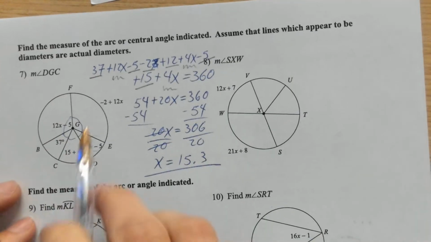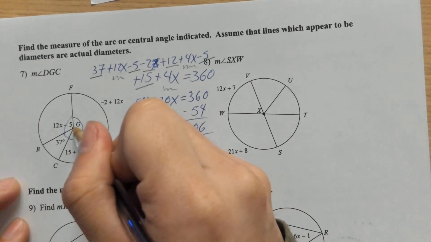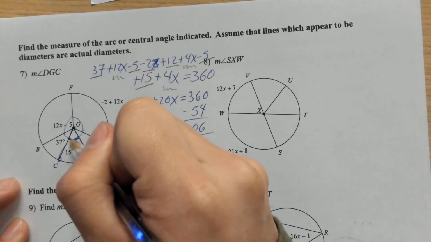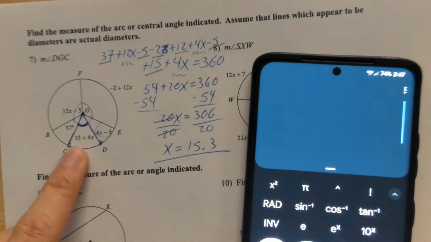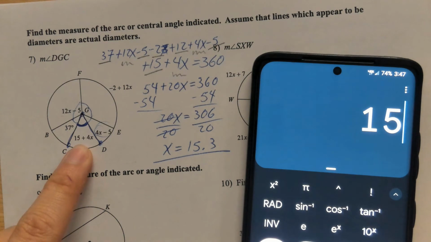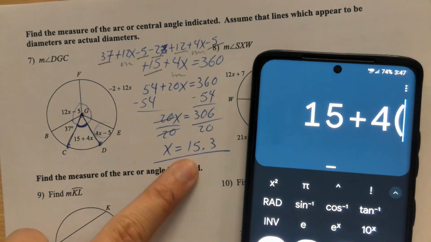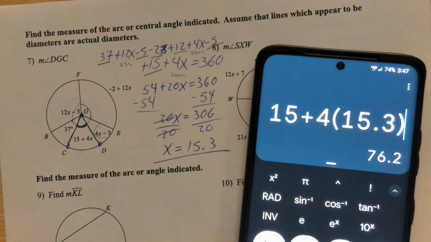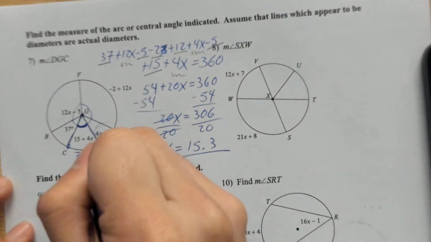You are being asked to find the measurement of angle DGC. So we're looking for this angle. Well, we already know the value of x, so we can just take the equation, which is 15 plus 4 times x, and I already know x is 15.3, so I get 76.2. So this angle is 76.2.